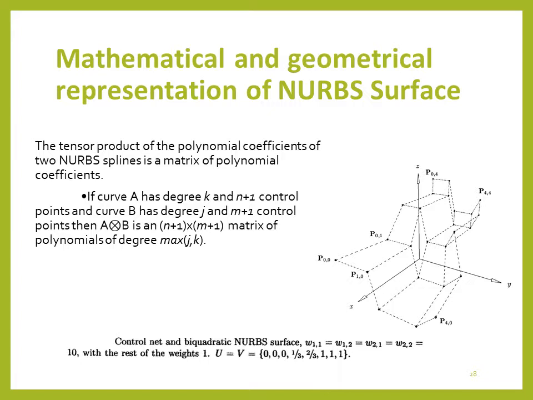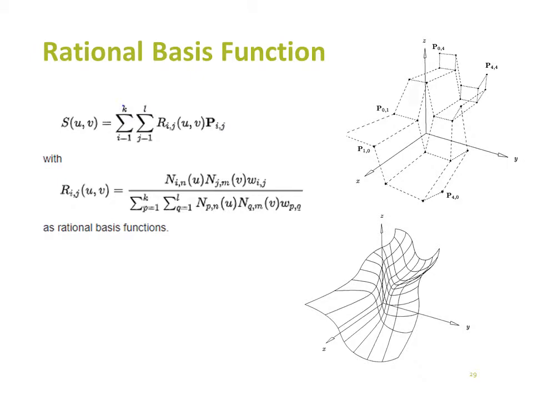So how would the NURBS surface of this control net look? As you can see, the surface for the control net looks like this. It's crammed from the middle, basically because the weight in the center is more, so all of the surface tends to be crammed towards the middle. This is a very good explanation of how it reacts to weight also.